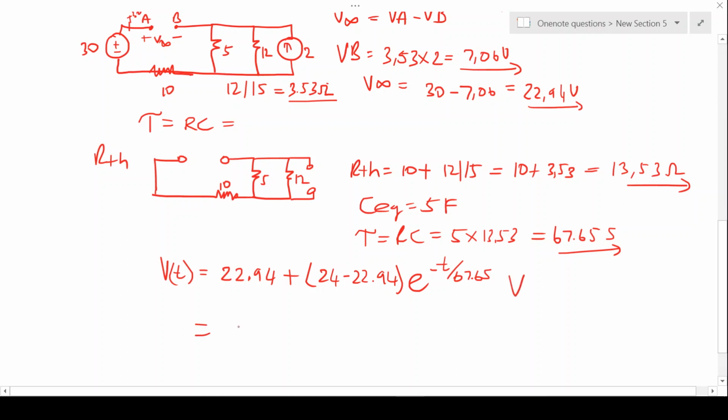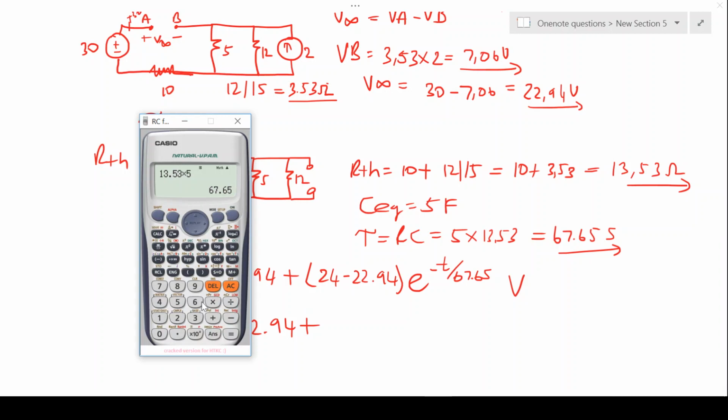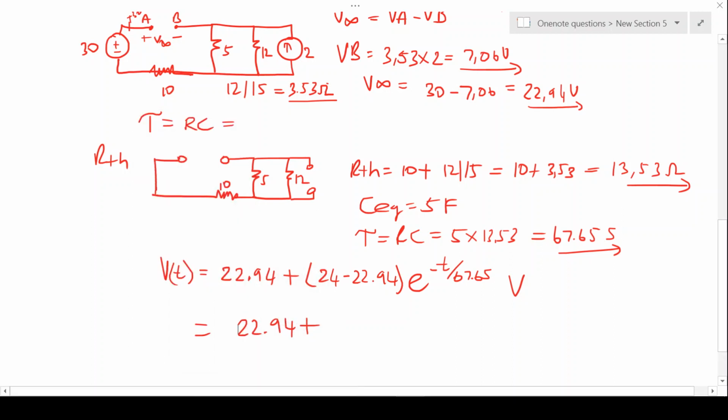So this should give you 22.94 plus, so 24 minus 22.94 should give you a final value of 1,06. So that will be plus 1,06 e to the negative t over 67.65 volts, and that's the final voltage expression.